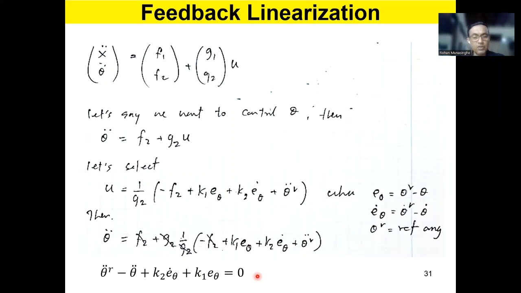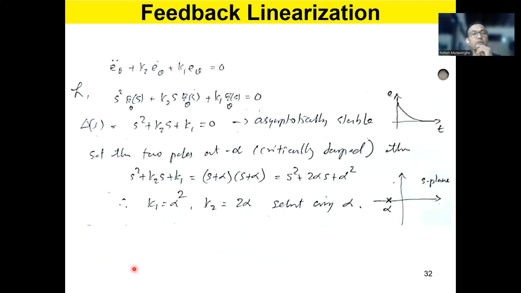And immediately after that, you will see that theta double dot R minus theta double dot is actually the error acceleration, the second derivative of the angle error. So you can write down this equation as E double dot theta, that is acceleration error, plus velocity error, plus position error, with two gains K1 and K2, is equal to 0.